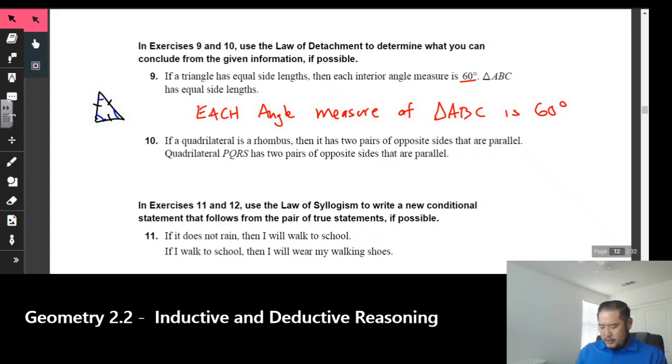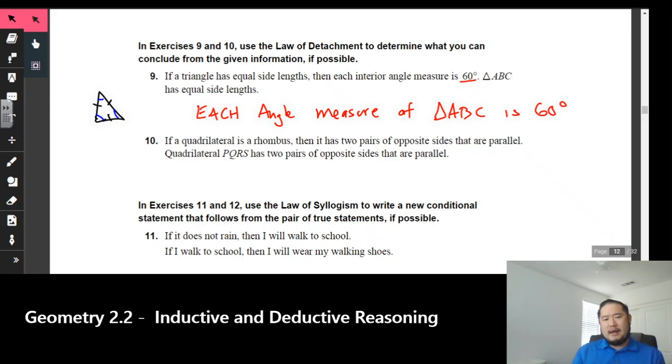So the thing is, you remember earlier we talked about quadrilaterals, and I said if it has four sides, then it's a rectangle. Well, it's not always the case because a quadrilateral could also be a square.